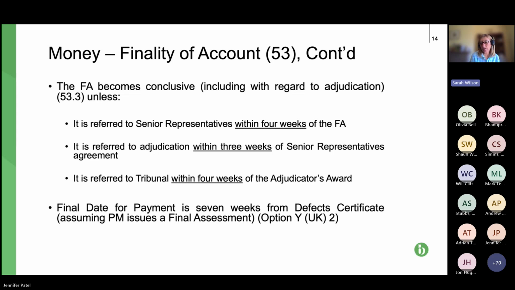That gives you 7 weeks to prep your adjudication. That's not a huge amount for a big value.